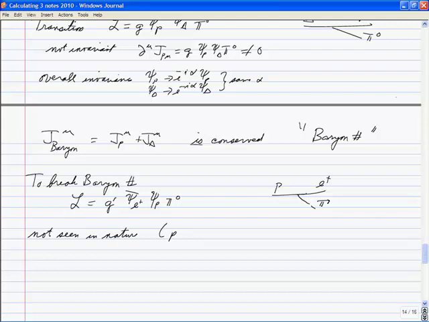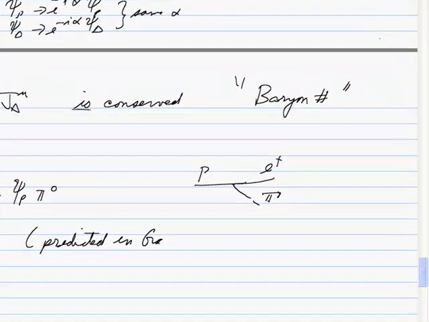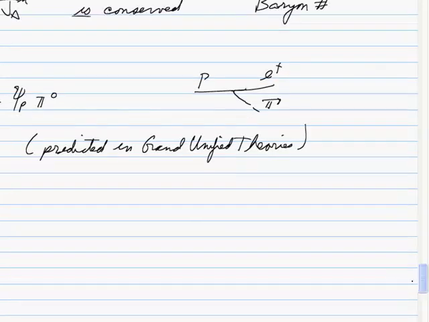Though it is predicted in grand unified theories. Okay, so if that were to exist, then baryon number is no longer conserved either. Though there's still a conservation law.